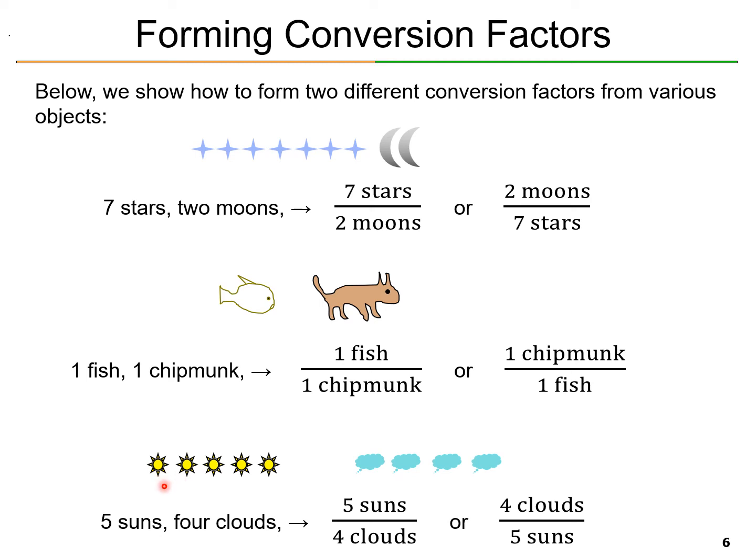And down here we have 1, 2, 3, 4, 5 suns and 1, 2, 3, 4 clouds. The two equivalent conversion factors are 5 suns divided by 4 clouds, or 4 clouds divided by 5 suns.